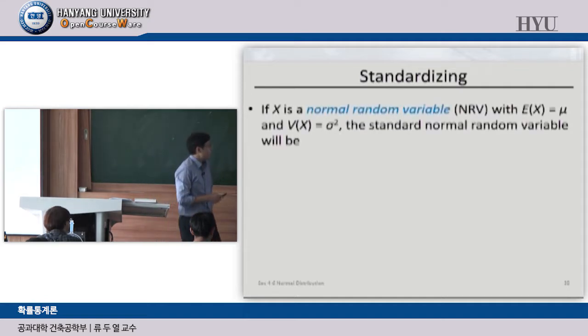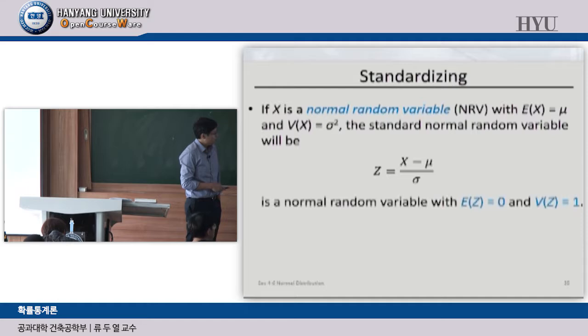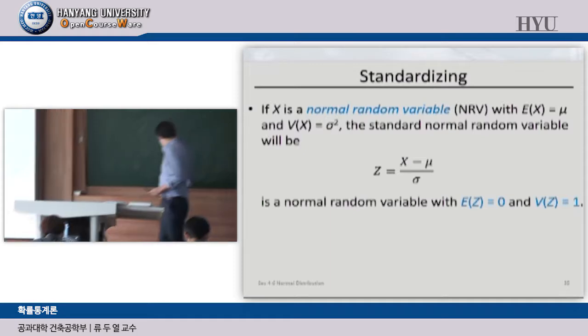If X is a normal random variable with mean mu and variance sigma squared, the standard normal random variable Z is equal to (X minus mu) over sigma. Z is a normal random variable with mean equal to 0 and variance equal to 1.